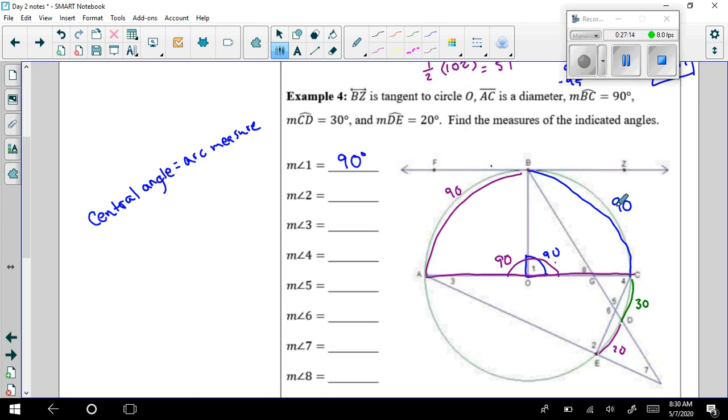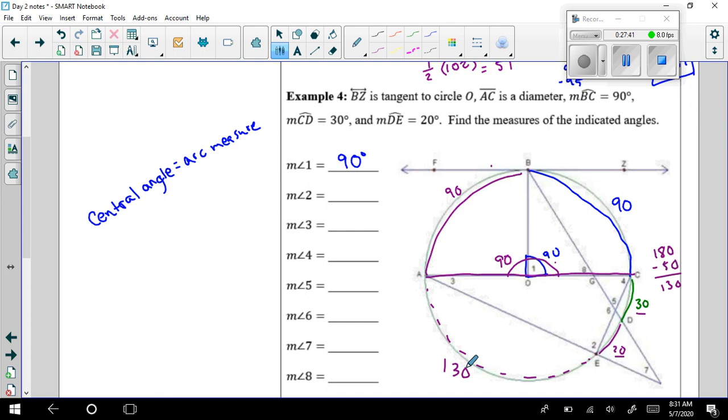All right, so that's 90, that's 90, that's 50. So now we can find A to E because we have 180, 30, and 20 is 50. So we're just going to take 180 minus 50 and get 130, and that's what A to E is.